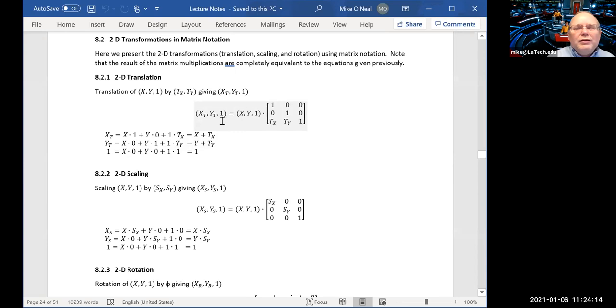So that's why 1 is equal to 1. And so we haven't changed our equations at all.